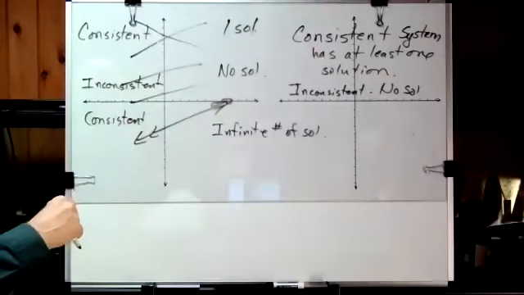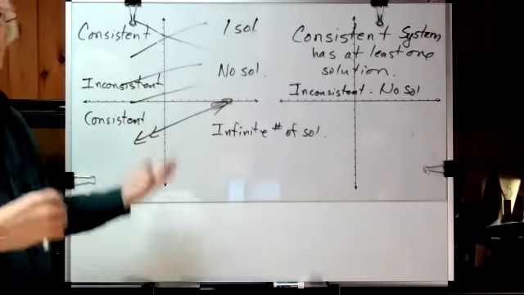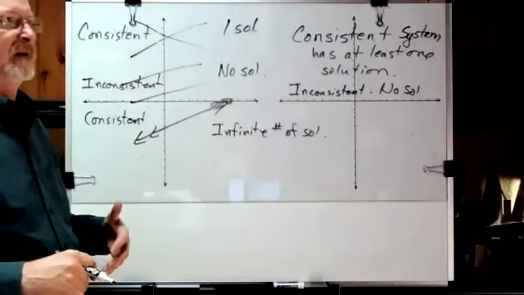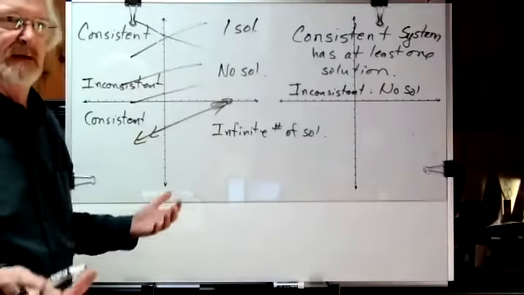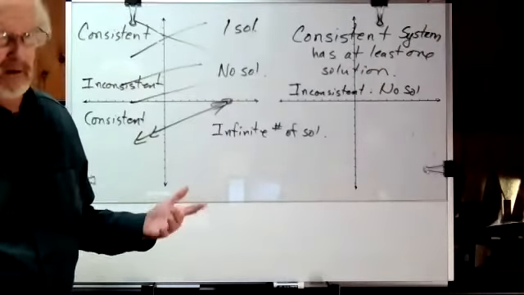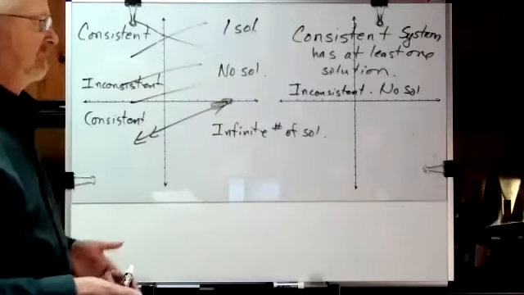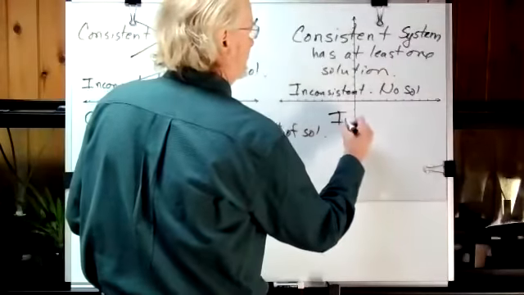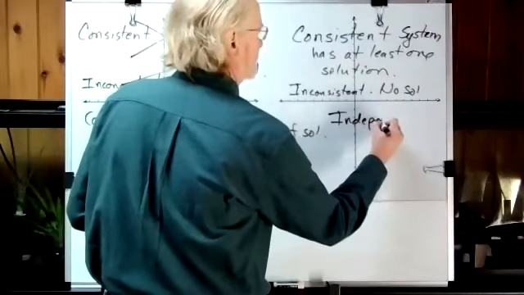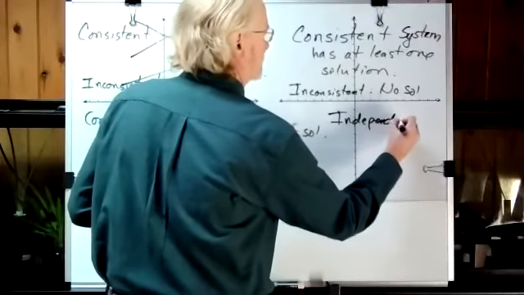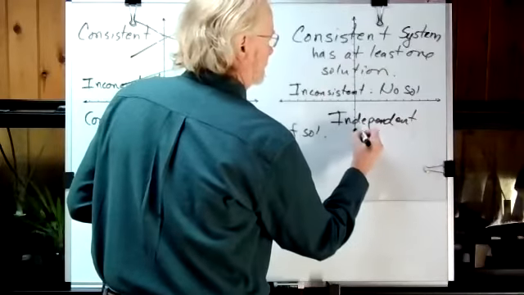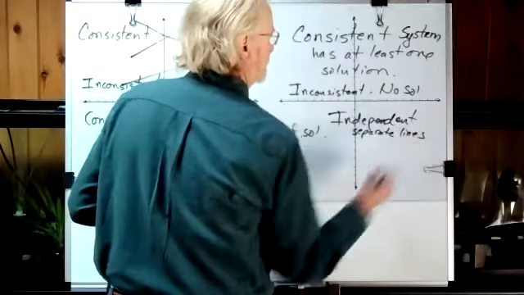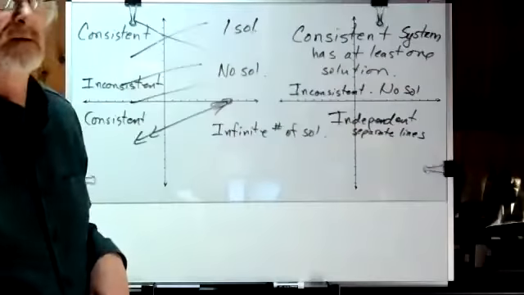Then the other term that gets used is whether or not these lines are very separate from each other and distinct, or are they the same line? If they are separate, we say they are independent. Separate lines, independent.